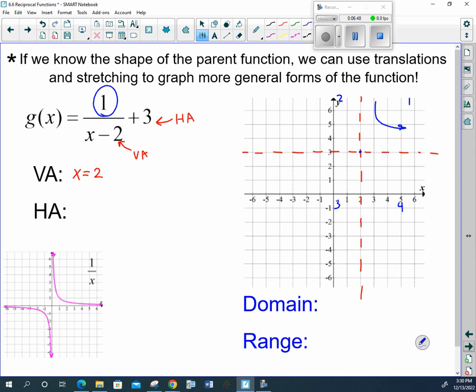So here and here. And if A is negative, then the branches go in the second and the fourth. So they would come over here and here, because the negative sign is our reflection.